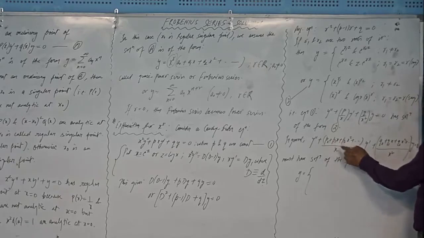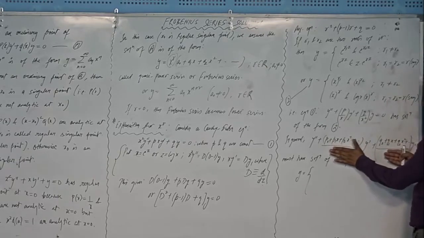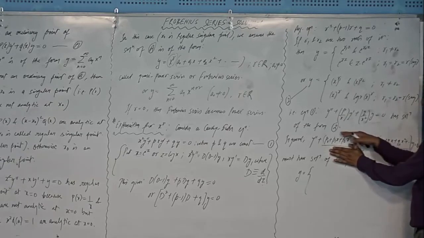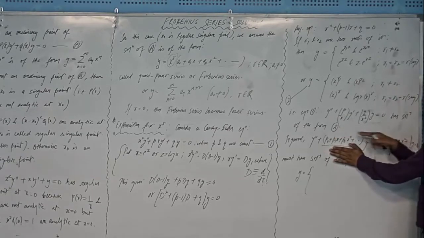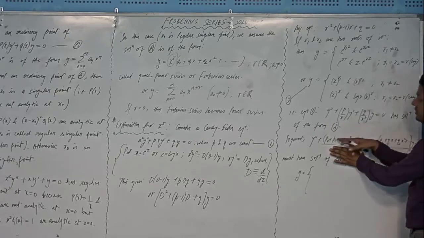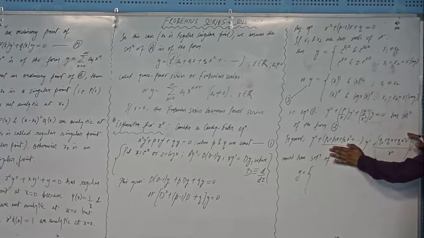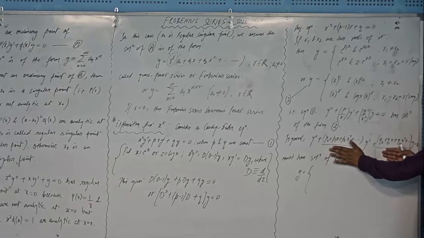If you ignore this x and x square, you can see that this is your capital P(x), this is your capital Q(x). Capital P(x) is represented by a power series, right? Q(x) is also represented by a power series if you hide this x square. And then we hope that this differential equation should have a power series solution, right?